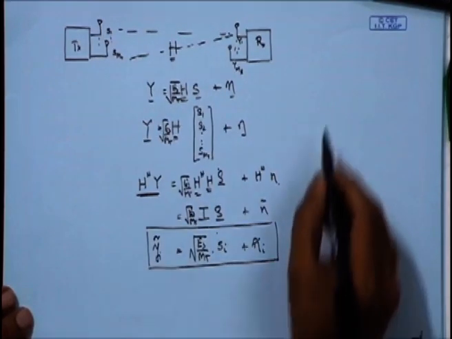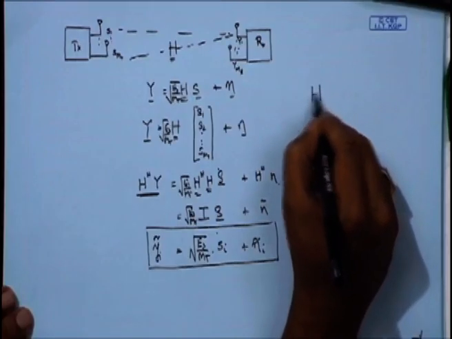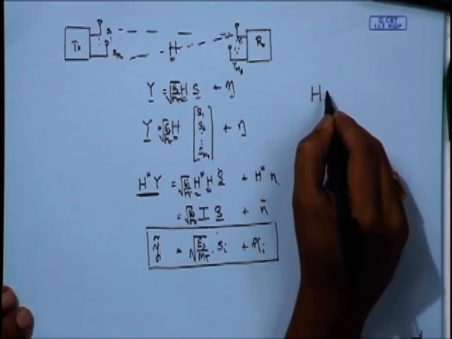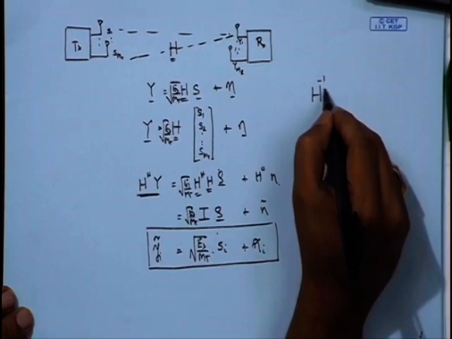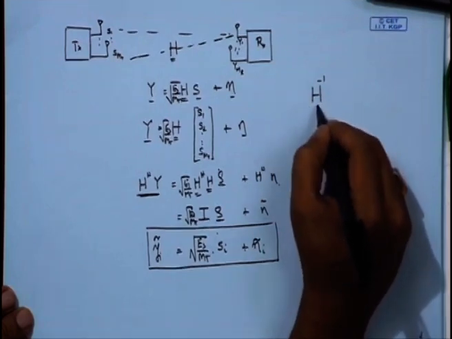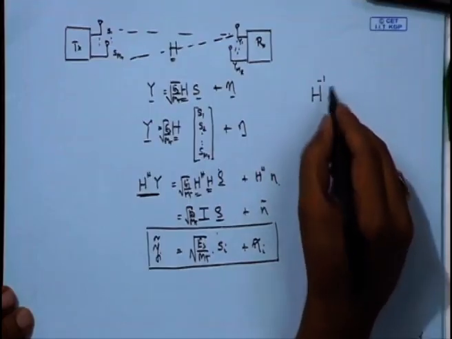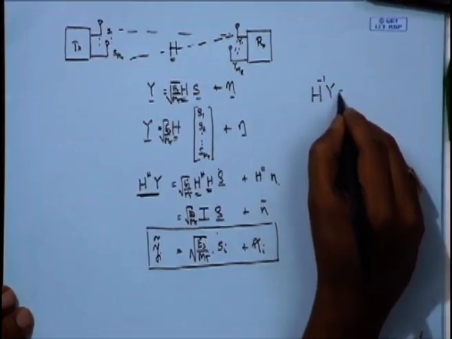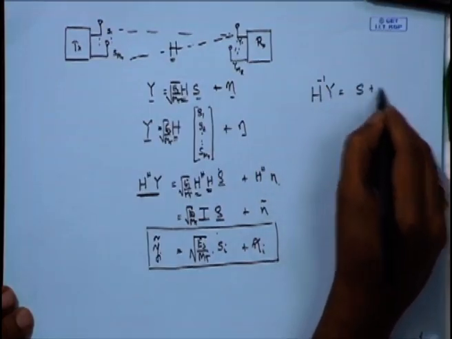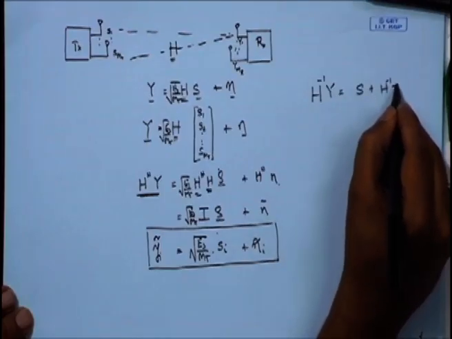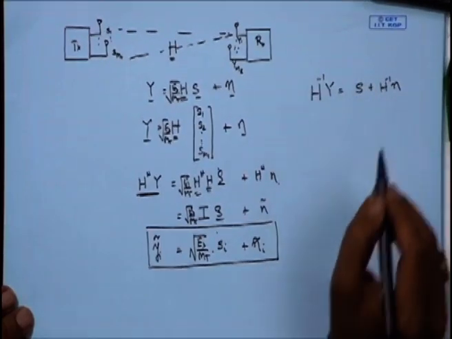If the channel is not orthogonal, the other simple way of getting back the received signal would be to multiply by H inverse, if H inverse exists. So, we can assume it is a full rank M cross M square matrix, for one particular case. H inverse Y would give us S plus H inverse n. So this is the zero forcing mechanism.